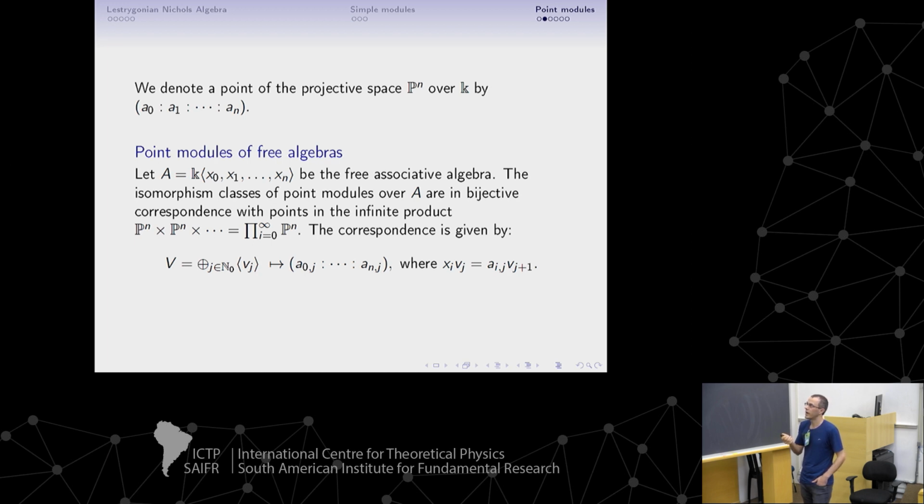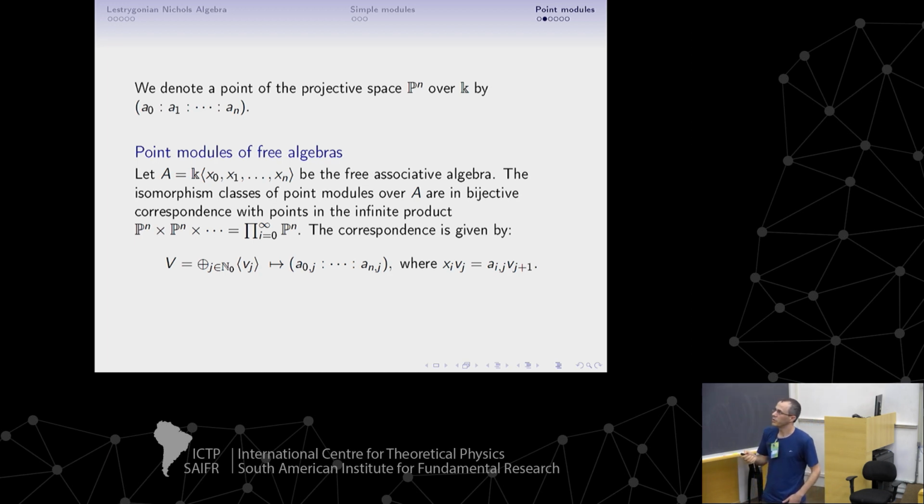When you act on Vj, we have an element of Vj+1. So these scalars you put here. But this is for all j, so we have an infinite sequence.